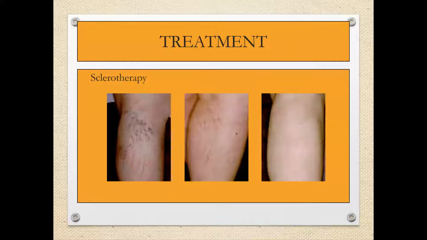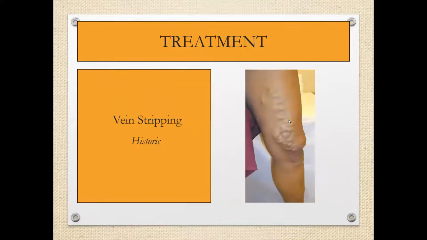So in our office, the way we do our sclerotherapy is basically you are purchasing 1 bottle, which is the total daily dose allowed, and we use that to inject as many veins as possible. But even with that 1 bottle, you're not going to get them all. So oftentimes it may take more than 1 session and take several weeks, but you can see as things progress from the left side of the screen all the way to the right, the results can be quite good.